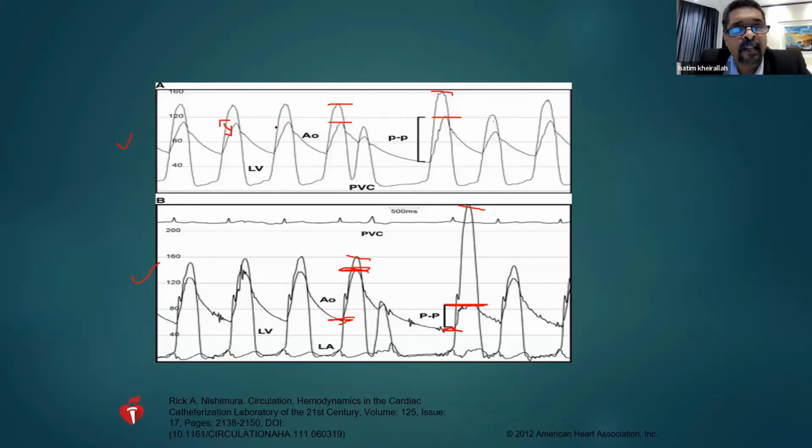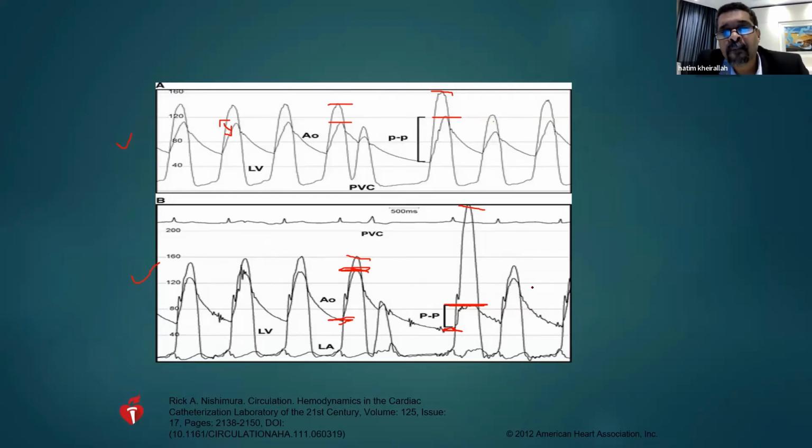That's why there is a delay, and this is called tardus. That doesn't happen with HOCM, because in HOCM we don't have any fixed obstruction. The flow is going, but it's impeded dynamically by a muscle. So we don't elicit this tardus pulse in HOCM.